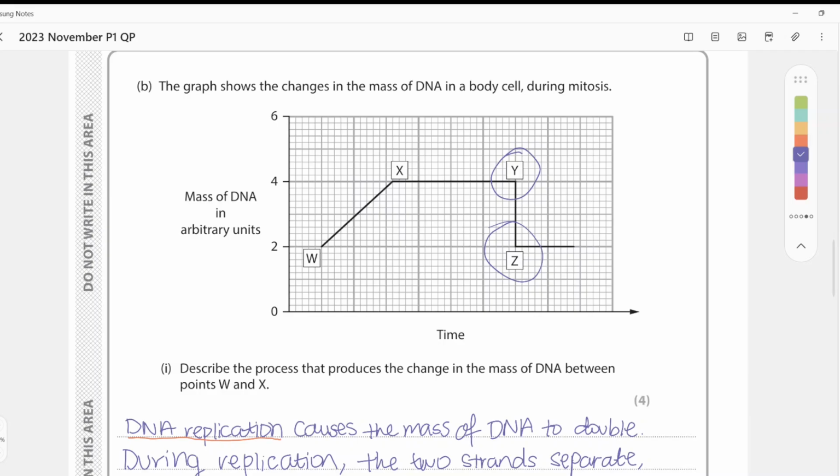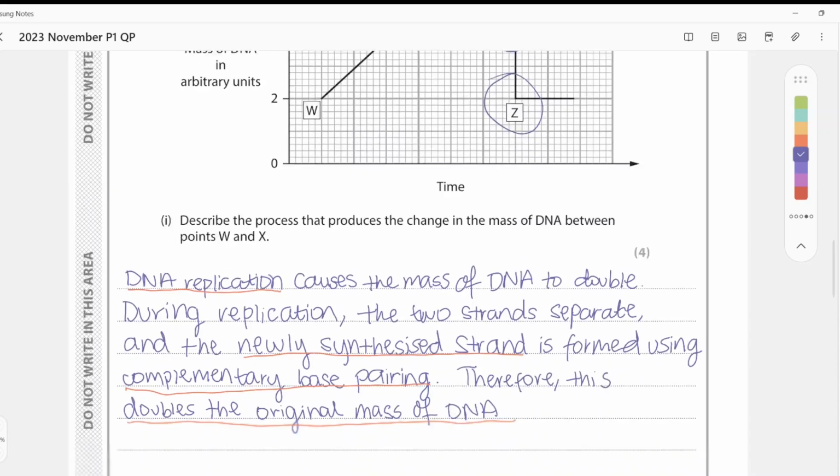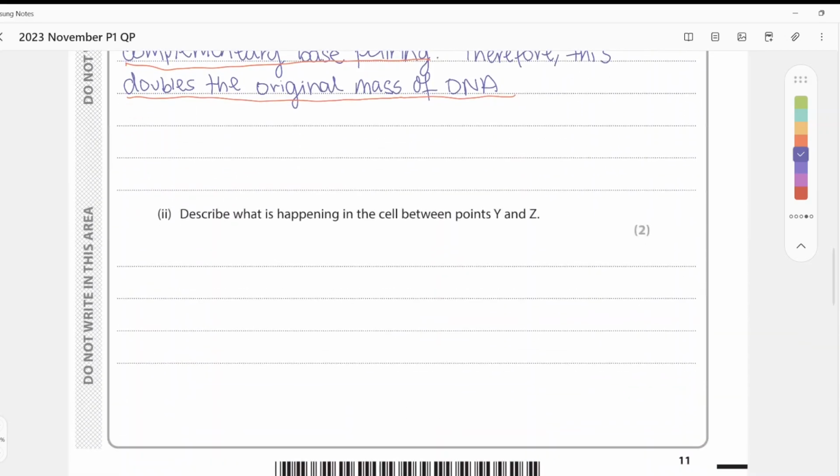So that halves the mass of DNA, and that process is called cytokinesis. Cytokinesis occurs in which the cell splits into 2.